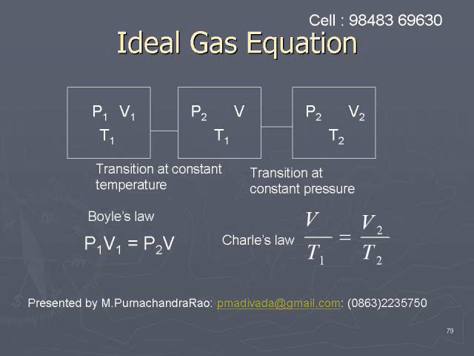Since this transition is taking place at constant pressure, we can apply Charles' law. So, we get the relation V by T1 is equal to V2 by T2.